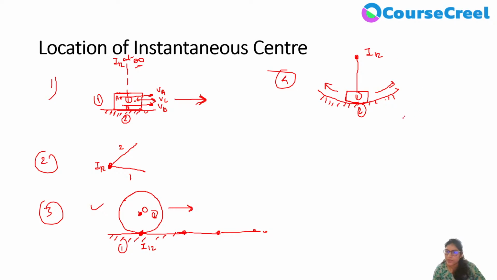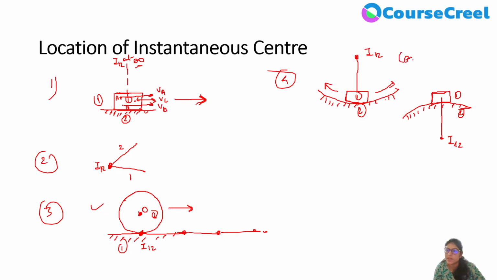Opposite to it, if this object is moving over the outer surface like this, so suppose this is 1, this is link 2, and this is the path. So the instantaneous center will be the center of this curve, okay, center of curvature.